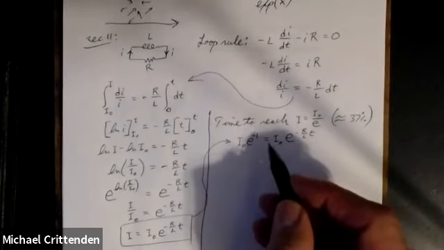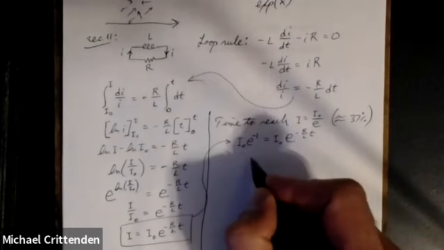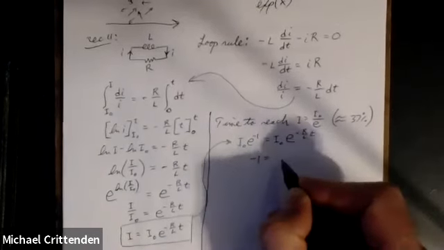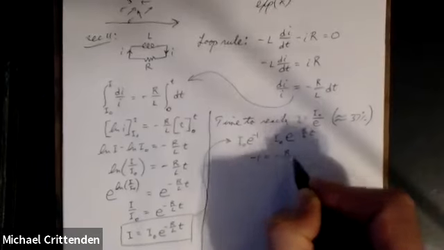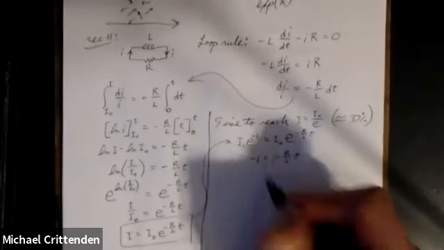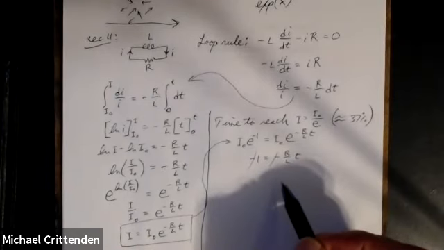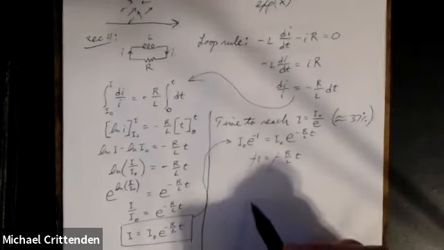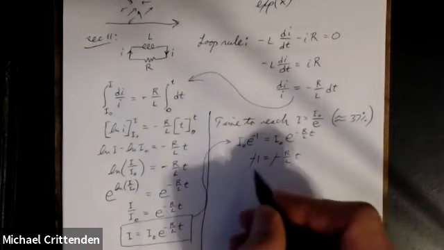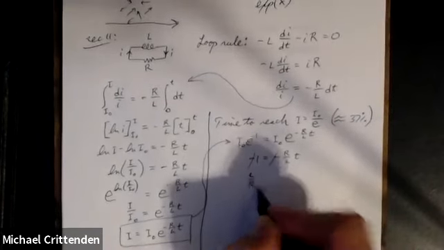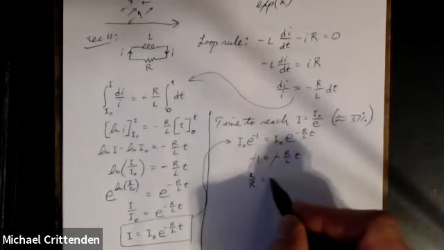Well, hopefully it's fairly obvious that the powers are equal. Minus signs cancel. Multiply both sides by L, divide both sides by R, and L over R is the thing that I wrote up there.